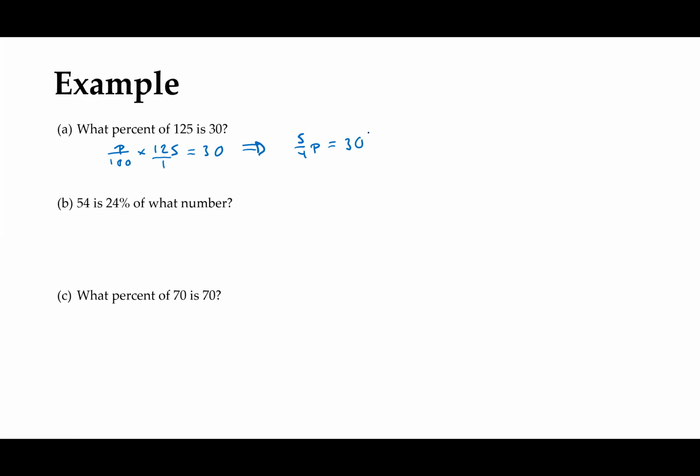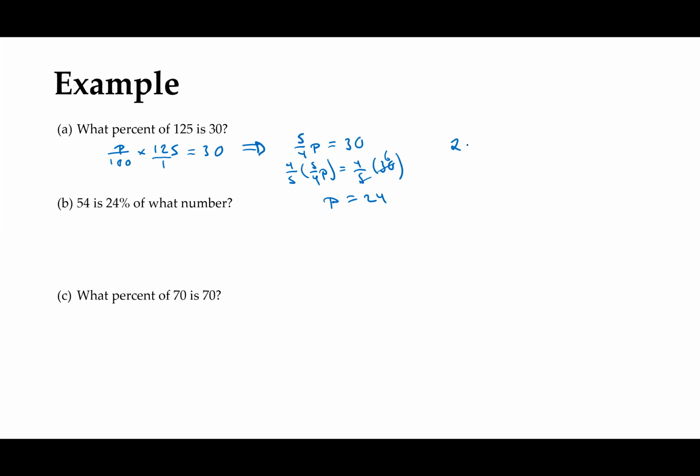Well, we know how to solve this, right? You multiply both sides by the reciprocal. So 4/5 times 5/4 P equals 4/5 times 30. So P equals, 5 goes into 30 6 times, 24.